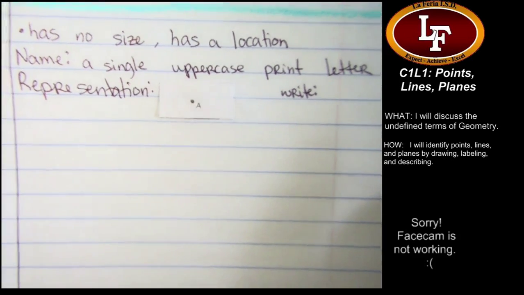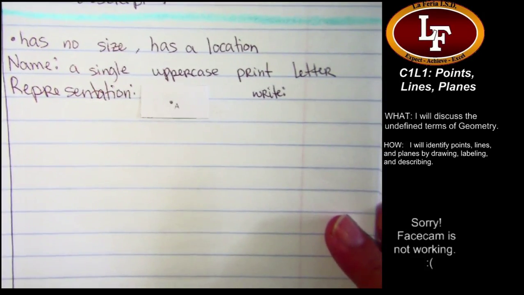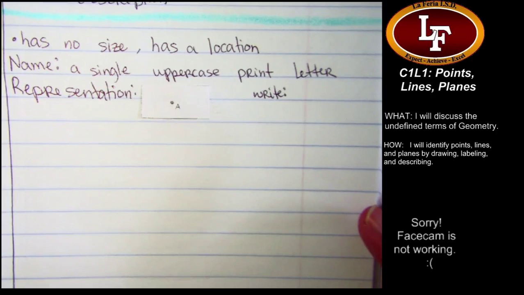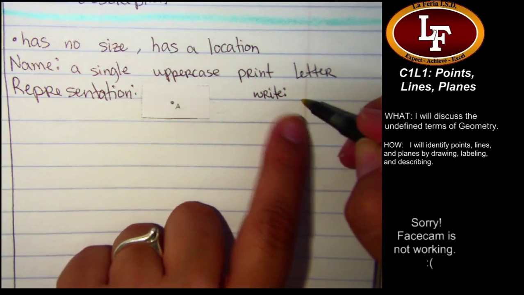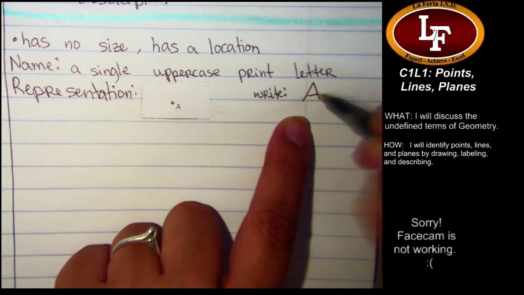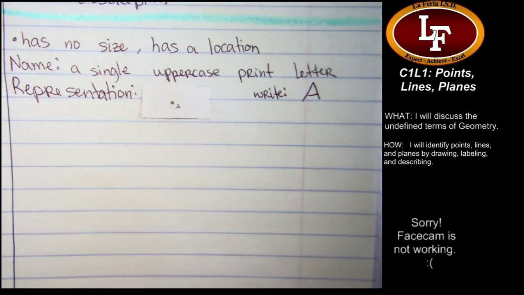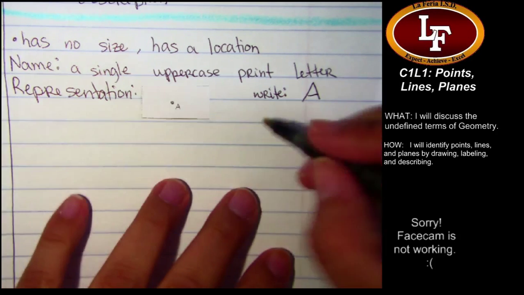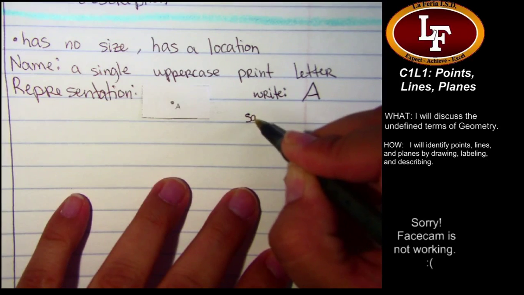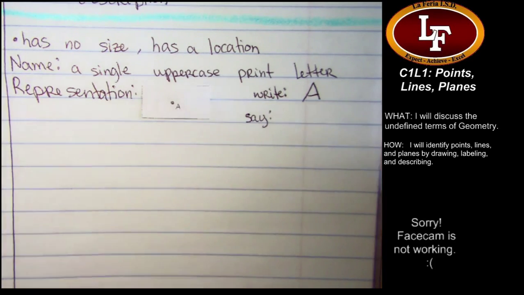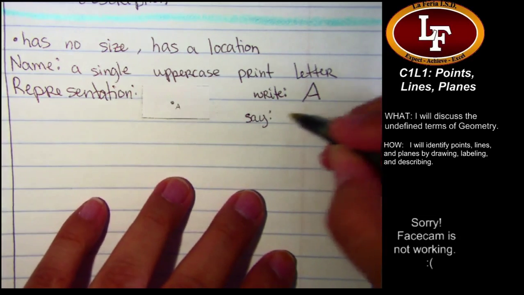When you are asked to write the name of a point, this is what you will write. Just the letter, capital and in print. But if you were asked to say the name, this is what you will say.